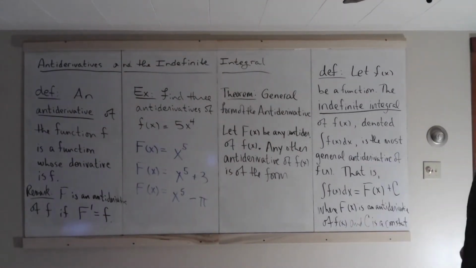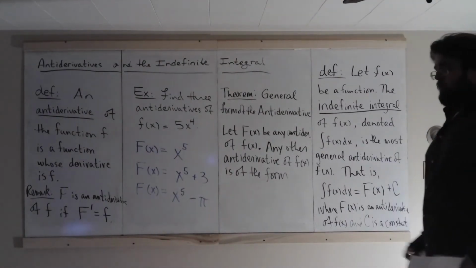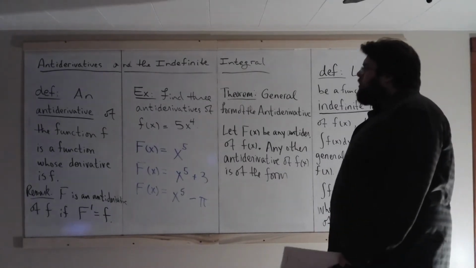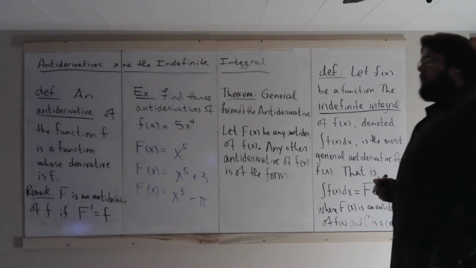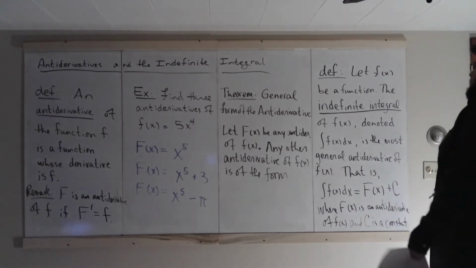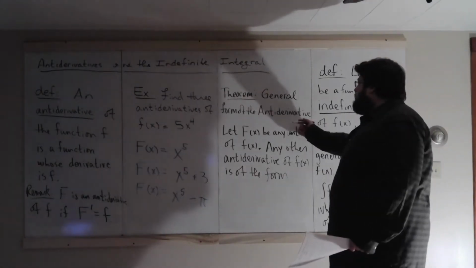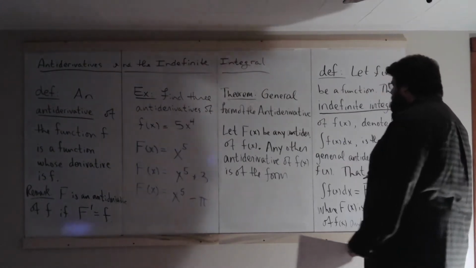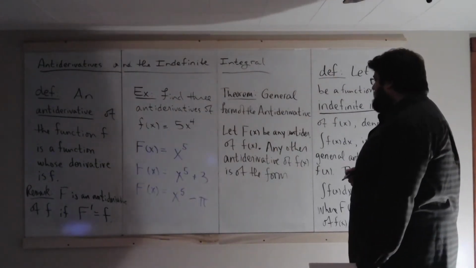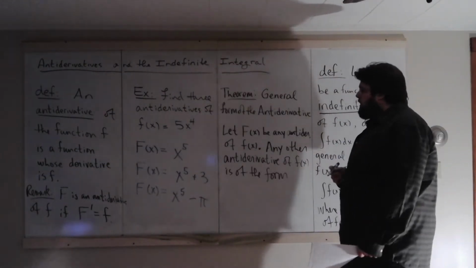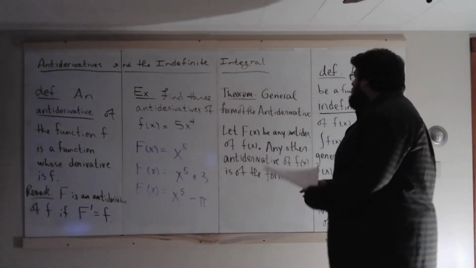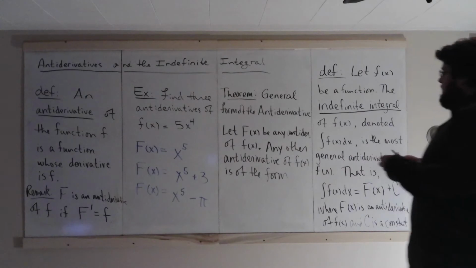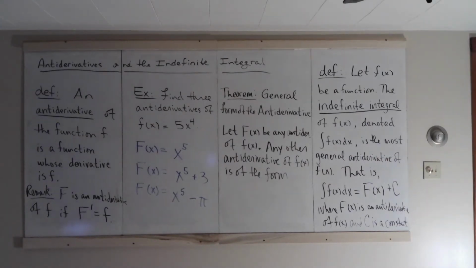And that observation, combined with corollary, I believe I called it corollary 2, of the mean value theorem, gives us this theorem, the general form of the antiderivative. Antiderivative is a long word, so sometimes I will abbreviate it. But the general form of the antiderivative: let capital F be any antiderivative of lowercase f.